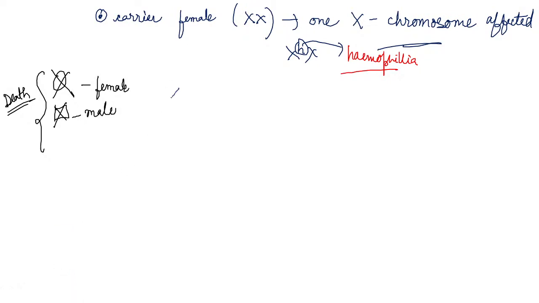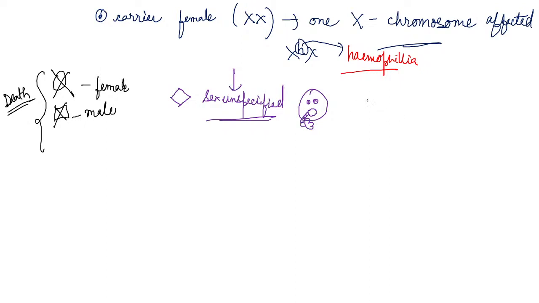Then this will be the symbol. That is, sex is unspecified. We don't know whether it is a male or a female, so we are in confusion. When we are in confusion, that will be sex unspecified.